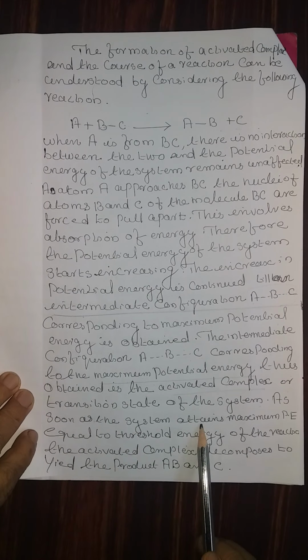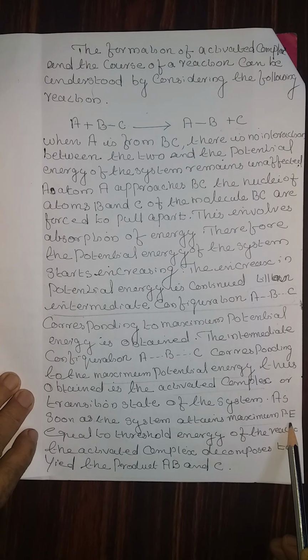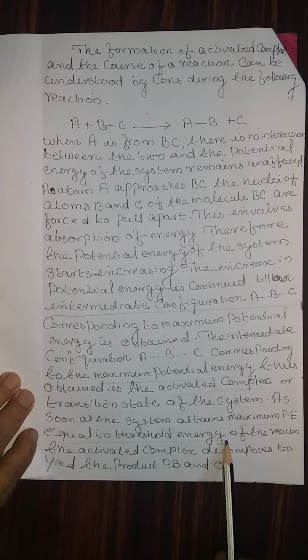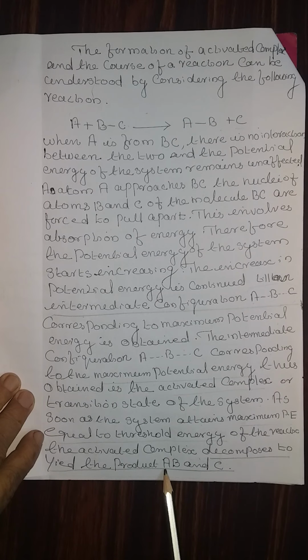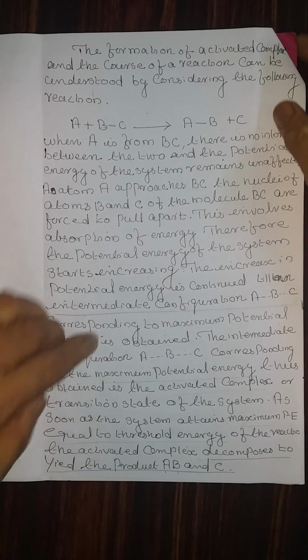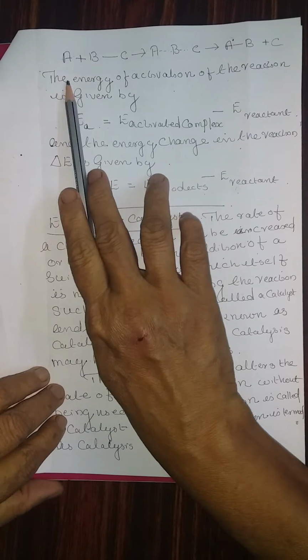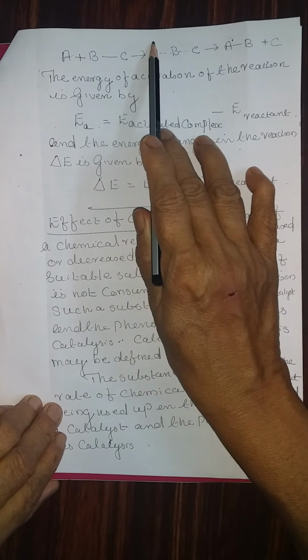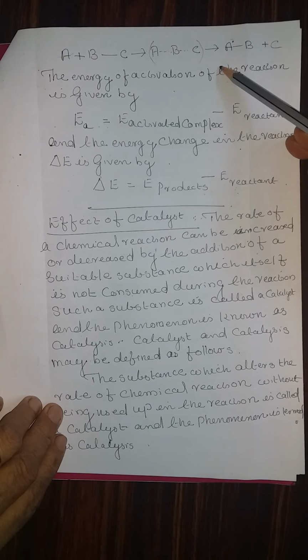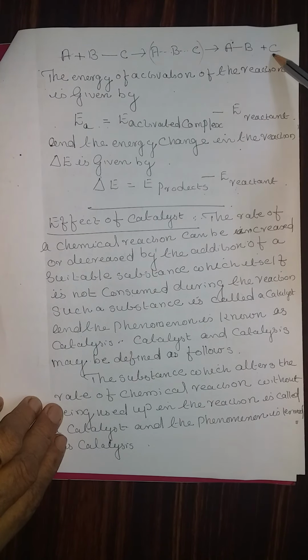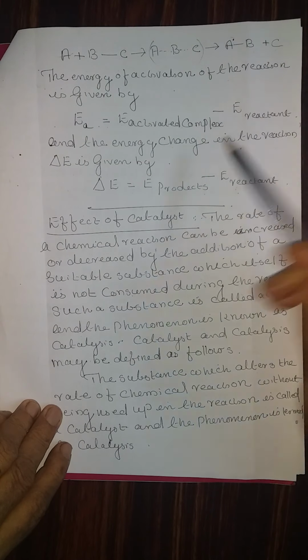As soon as the system attains maximum potential energy equal to the threshold energy of the reaction, the activated complex decomposes and yields the products AB and C. A plus BC gives a transition state with maximum potential energy, which gives AB plus C. This is a general example.